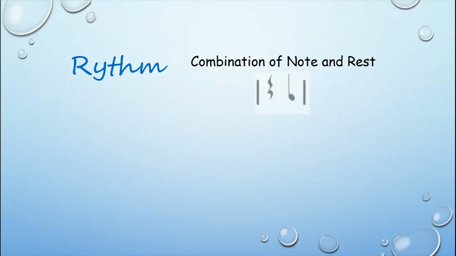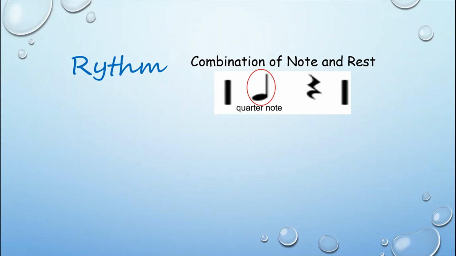Like for example, can we call this a rhythm? Yes, of course, because there is a quarter note and a quarter rest. It is a combination of note and rest. Therefore, we can call this a rhythm.